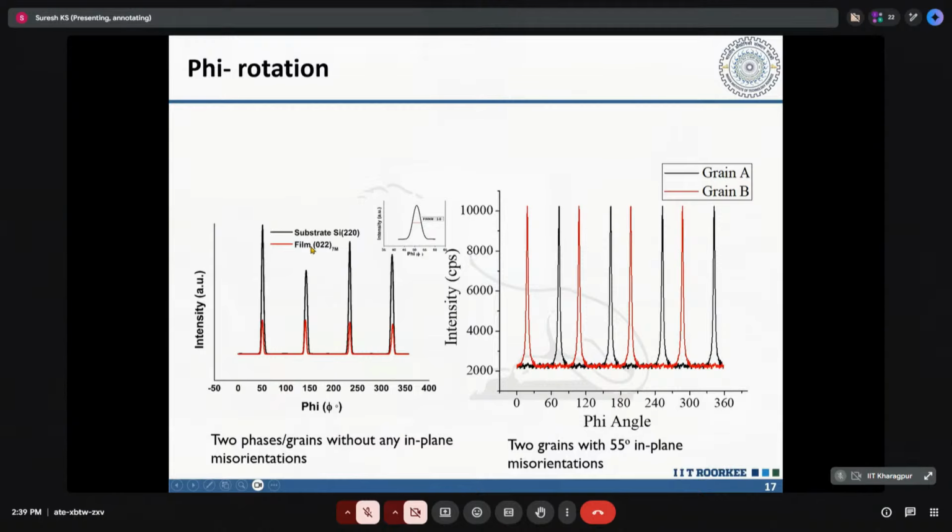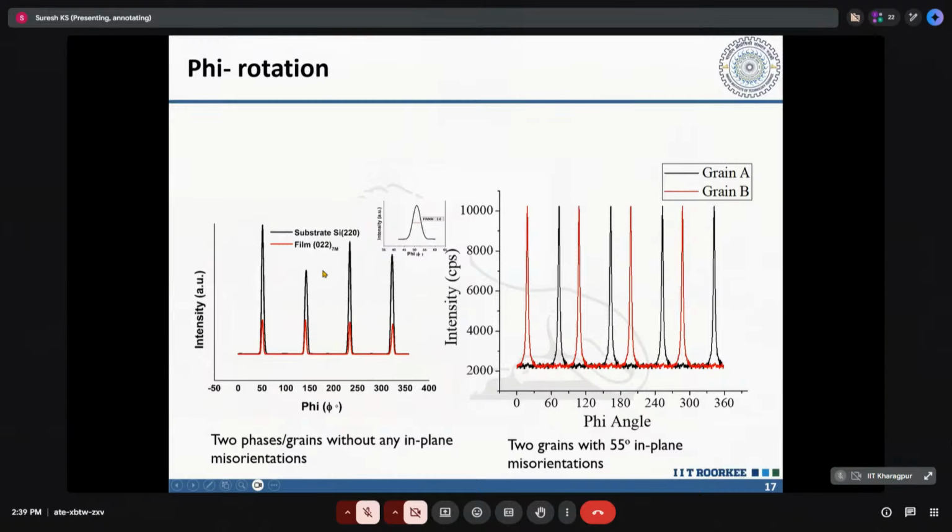Here I am showing a substrate with a silicon 220 orientation on which a shape memory thin film has been deposited, which also has a 022 orientation. You see that you have both the substrate as well as the film, so they are giving multiple peaks. What you can notice is that these peaks also have equal angular spacing between them, about 90 degrees between them.